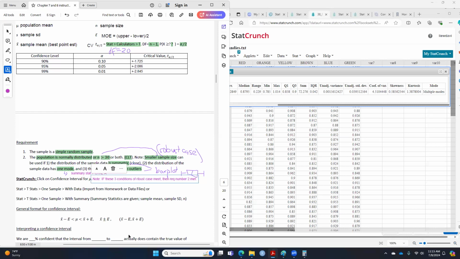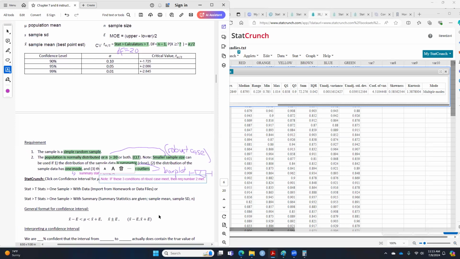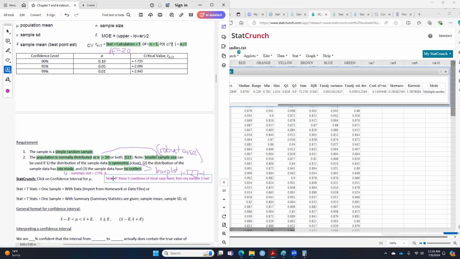What we do here for the robust case is check requirement 2, the CLT condition. If you have a smaller sample size, make sure you check these 3 special conditions. And if all 3 of these are met, then I will say that requirement number 2 is met.